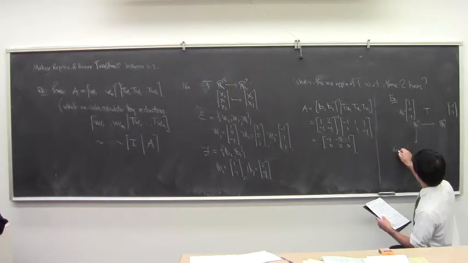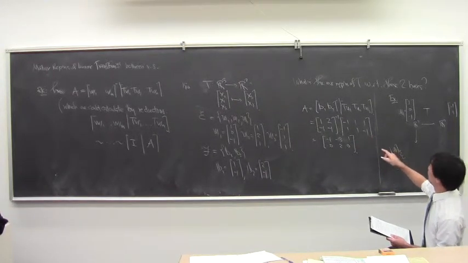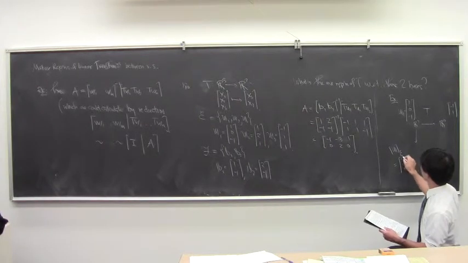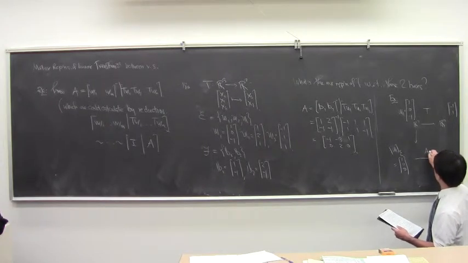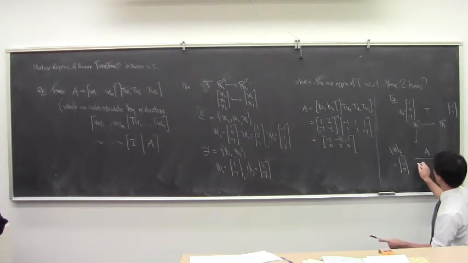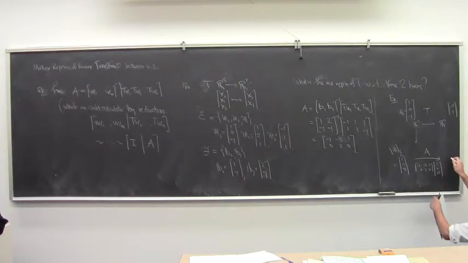If we express U1 with respect to the E basis, well, that's just going to be 1, 0, 0, of course. And if we hit that thing with the A matrix, what happens? Well, we get -1, -3, 1, 0, 2, 0 times 1, 0, 0. And that'll give us -1, 0, and you see that this is TU1.